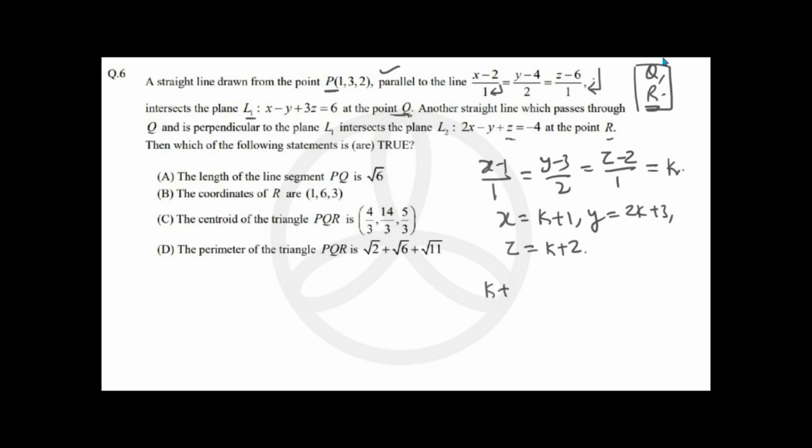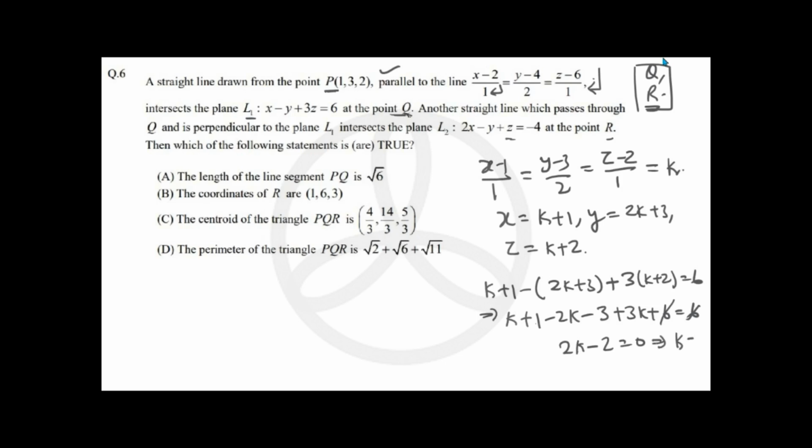This will be (k plus 1) minus (2k plus 3) plus 3 times (k plus 2) is equal to 6. This becomes k plus 1 minus 2k minus 3 plus 3k plus 6 is equal to 6. And this gives 2k minus 1 plus 2k minus 2 is equal to 0.